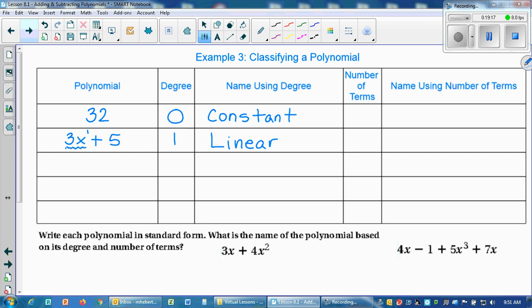Then we're going to talk about a degree of 2. Degree of 2 now means our highest degree is 2, and then we can have other terms after that as well. But our highest degree is 2, and that degree is called a quadratic.